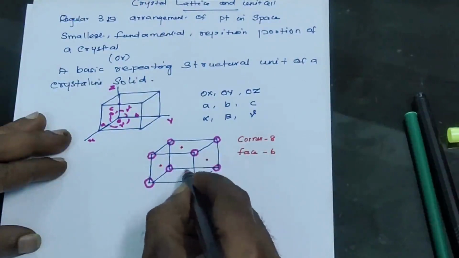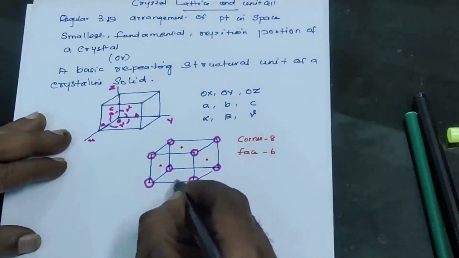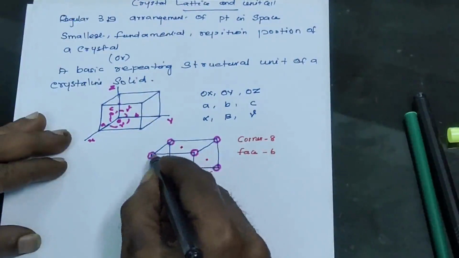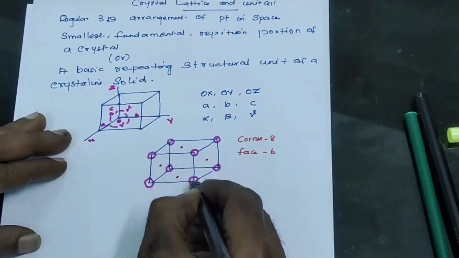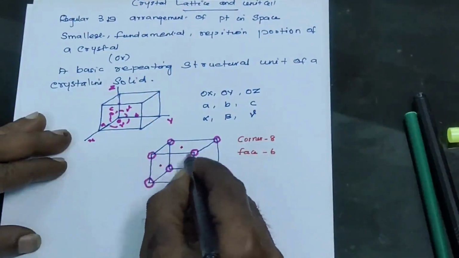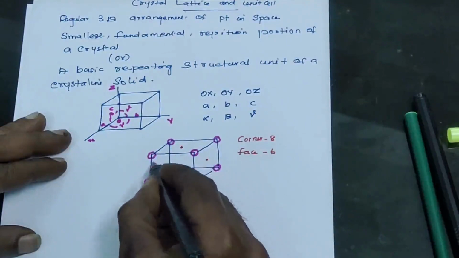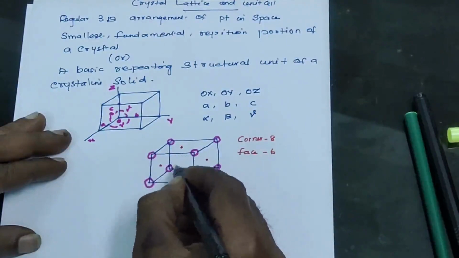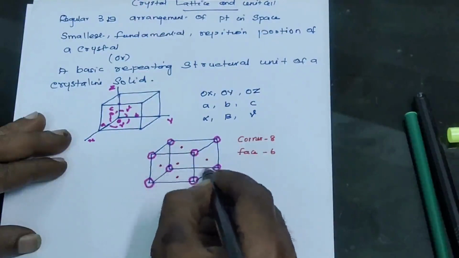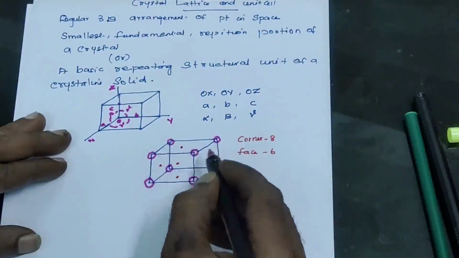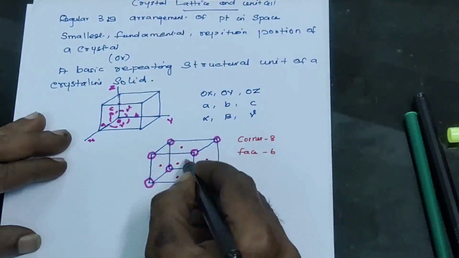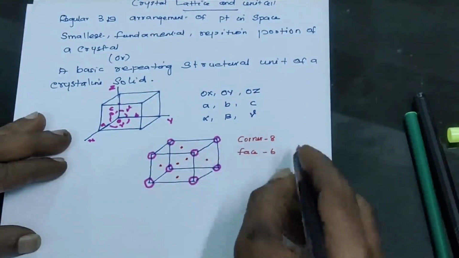Bottom, 4. Then toward the viewer, one square surface, 5. Then another square surface behind, 6. So total faces 6.